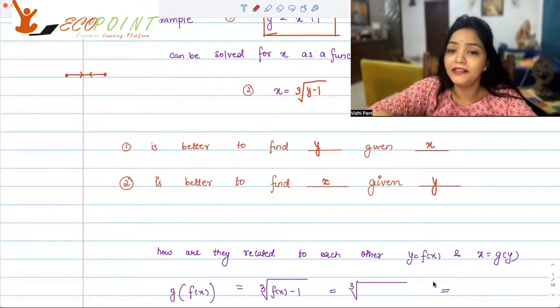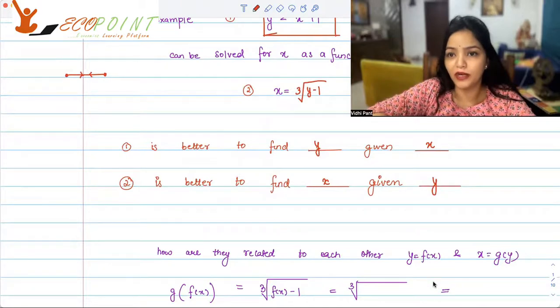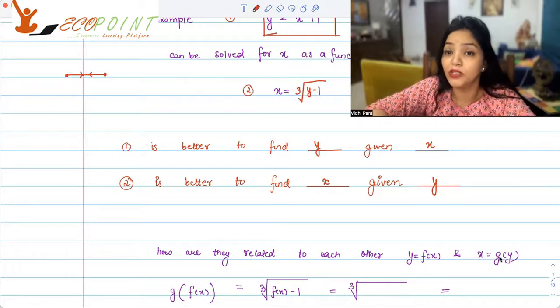How are they related to each other? y equals f(x) and x equals g(y). That is what is very important to understand about this reversal that we are talking about. What is actually happening? We are saying that x is equal to g(y).